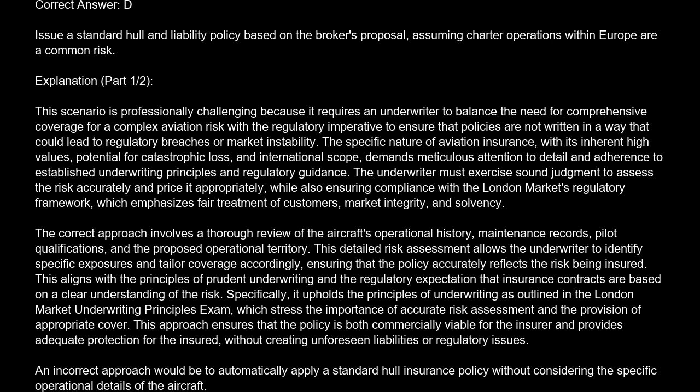This approach ensures that the policy is both commercially viable for the insurer and provides adequate protection for the insured, without creating unforeseen liabilities or regulatory issues. An incorrect approach would be to automatically apply a standard hull insurance policy without considering the specific operational details of the aircraft.